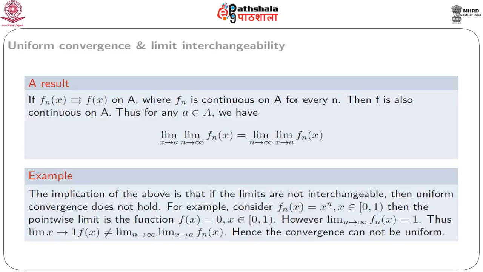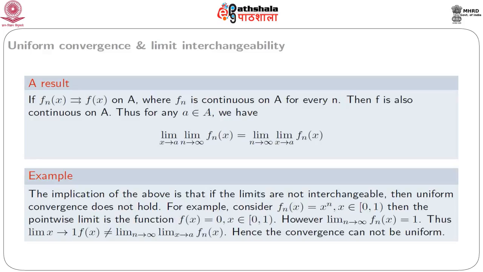So, the implication of the above is that if the limits are not interchangeable, the uniform convergence does not hold. So, this result gives us a condition of checking uniform convergence in some indirect way.